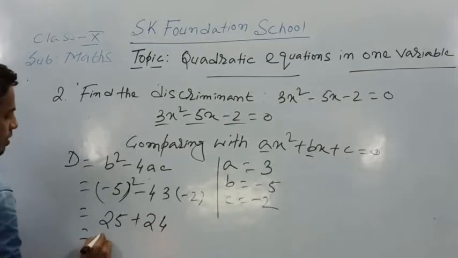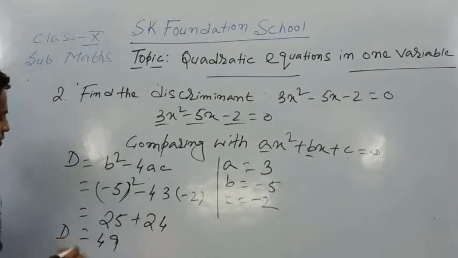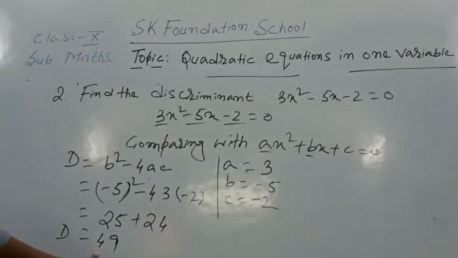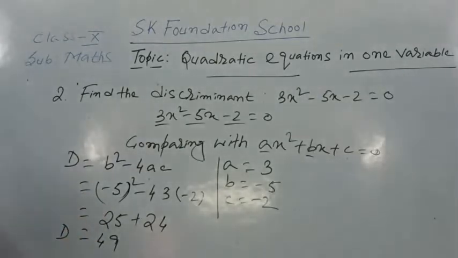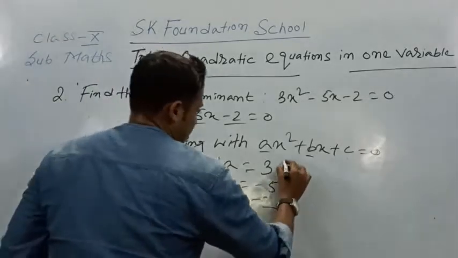That means 49. So the value of D equals 49. If we only need to find the discriminant, then D equals 49. But if another part is mentioned, find the nature of the roots also, then at that time we find the nature.